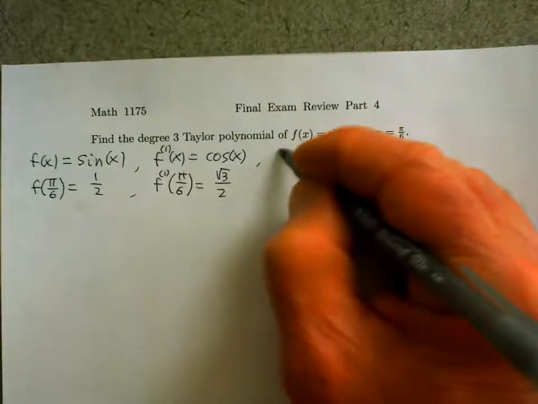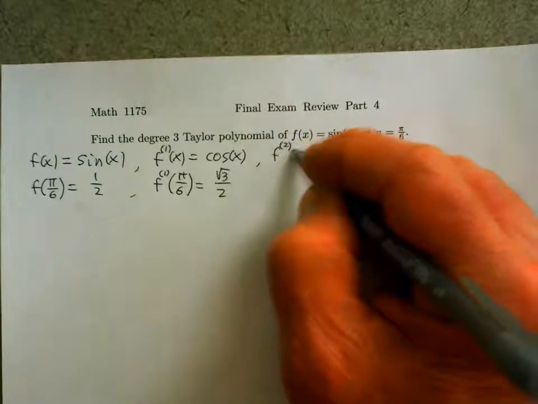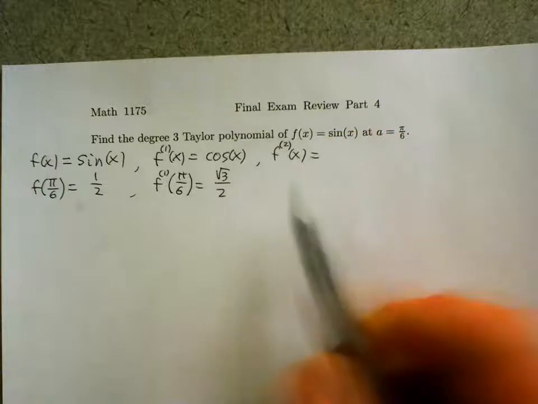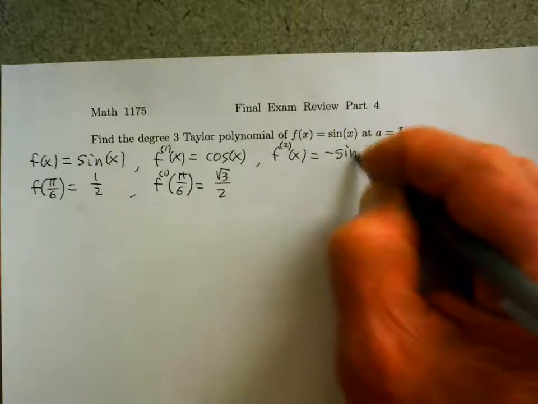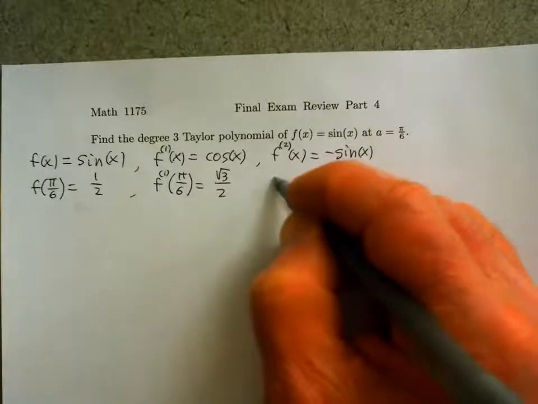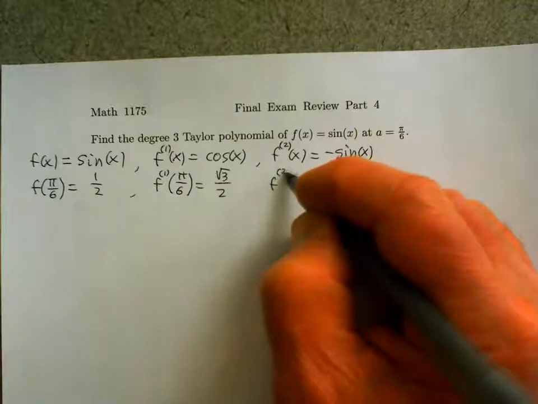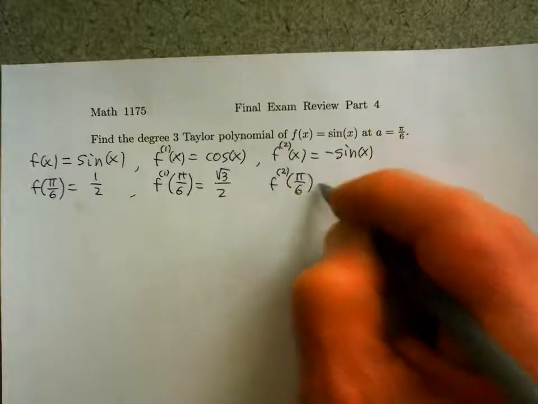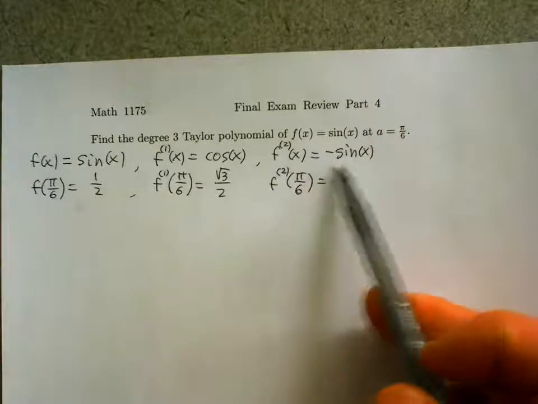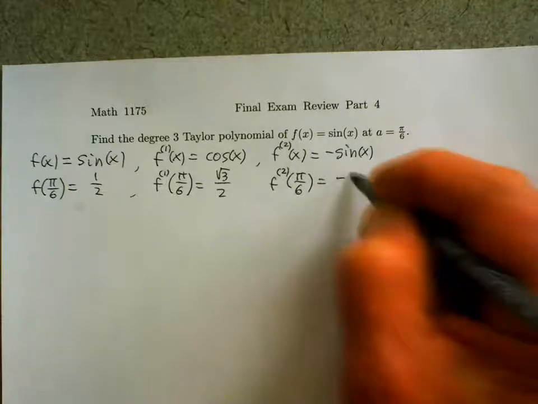Then the second derivative: the derivative of cosine is negative sine of x. So we evaluate the second derivative at pi over 6, and the negative of sine of pi over 6 is negative 1/2.